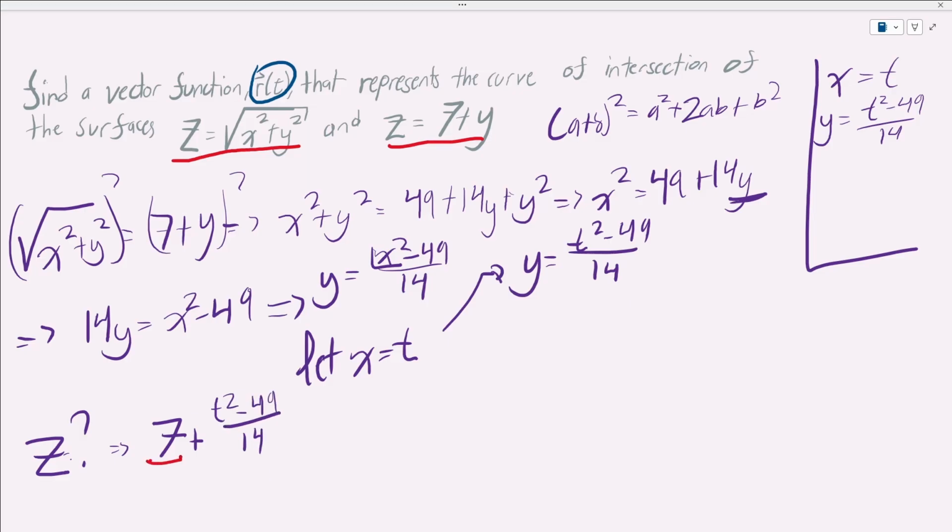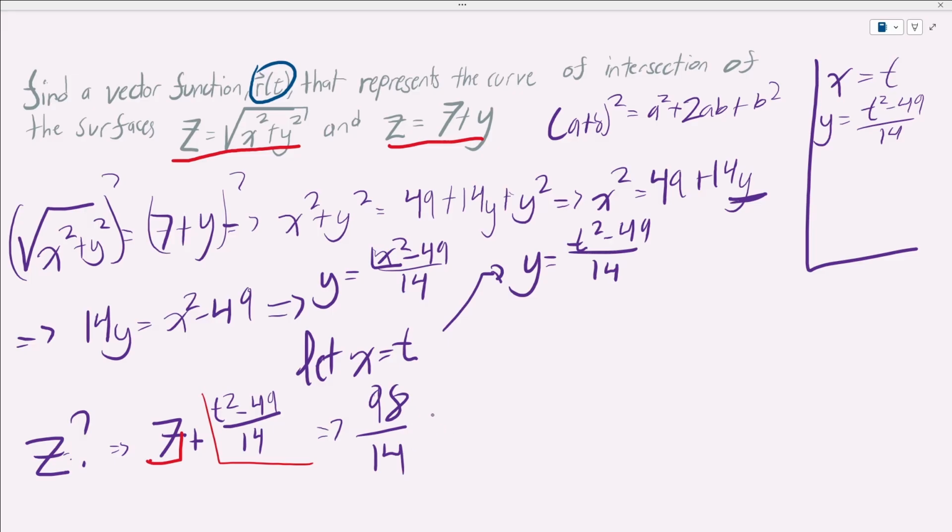So now if we want to combine the 7 with our other fraction, we have to find a least common denominator between those two terms. The least common denominator between those both is just going to be 14. So 7 times 14 is 98. So 98 over 14 is the same thing as 7, because if we reduce this, it will become 7.